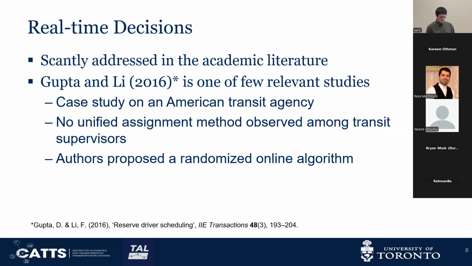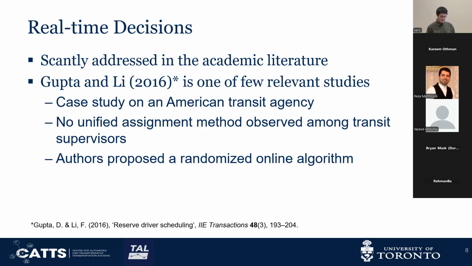Looking at real-time decisions, these are even less frequently addressed in the literature. To the best of our knowledge, there has only been one study that's specifically looked at this. They conducted a case study on a transit agency, and they noticed that even at the same garage, at the same agency, different supervisors may have varying methods in terms of assigning extra boards on a real-time basis.